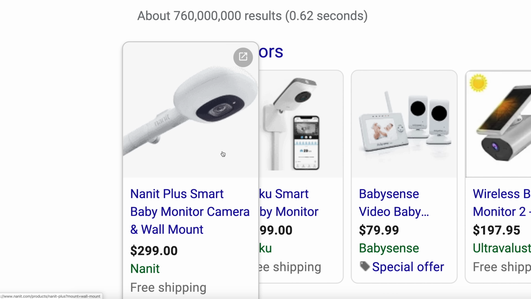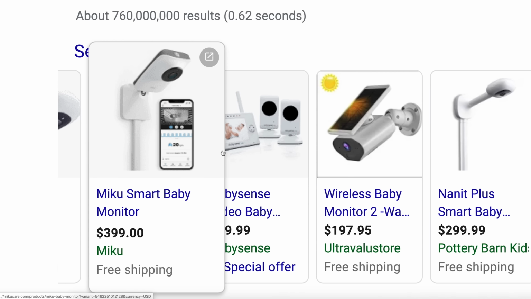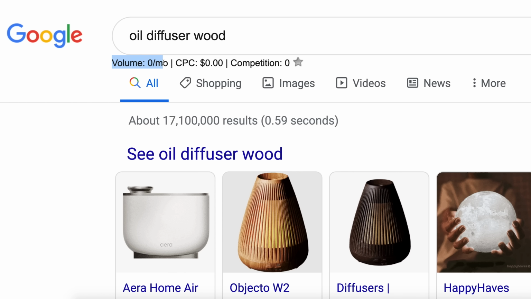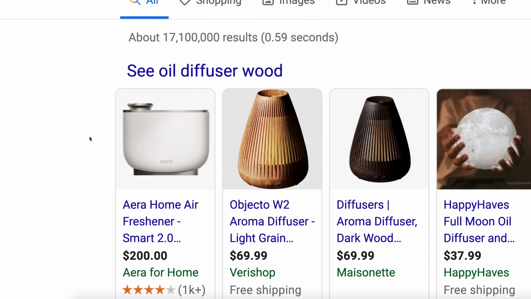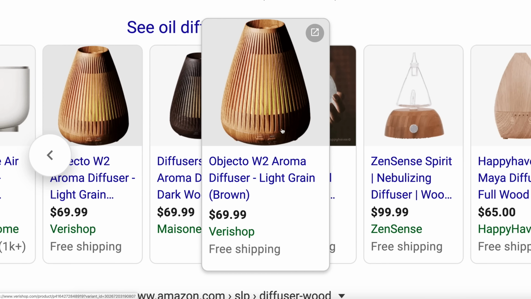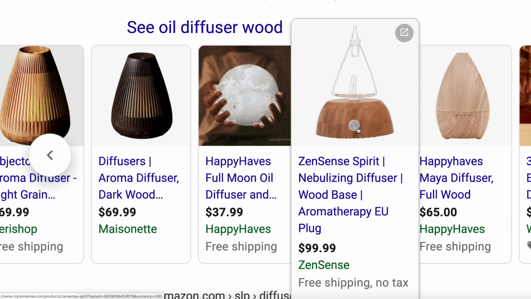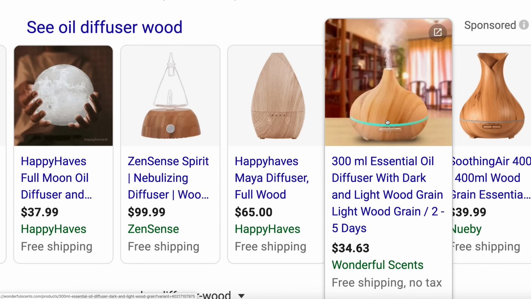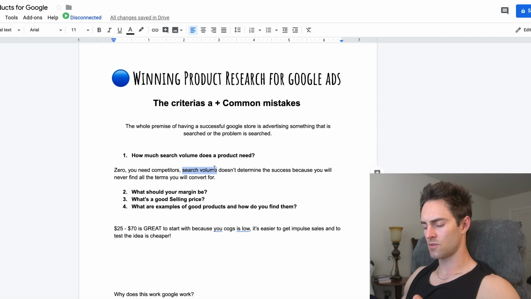It does not determine whether or not your product is going to have success. The reason why is because you cannot possibly find all the little search terms that your product could show up for, and mathematically calculate, like, oh, 10,000 searches a month, most likely I'll make $3,000 a month in profit. It doesn't work like that.